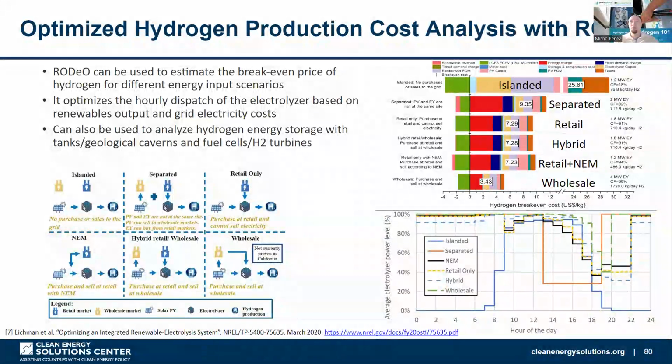And what the model does is it figures out the best temporal dispatch of the electrolyzer in order to achieve the lowest cost of hydrogen. To the lower right, you can see a time-based series of how the electrolyzer is dispatched to give best cost.